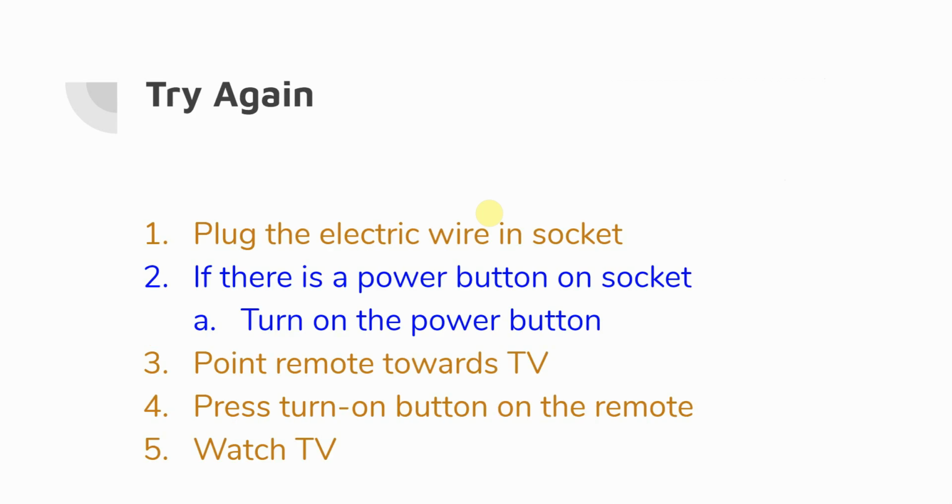So we'll plug the electric wire in the socket. If there is a power button on the socket, we turn on the power button. Point the remote towards the TV, press the turn on button on the remote and watch TV. So in the second attempt, we made an amendment. We can see here in blue, we have to turn on the button.